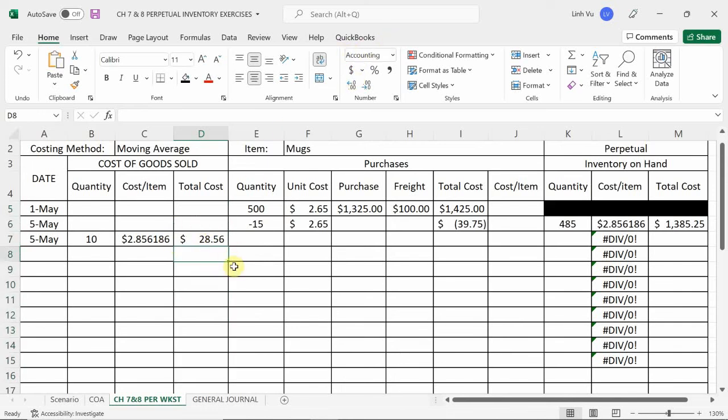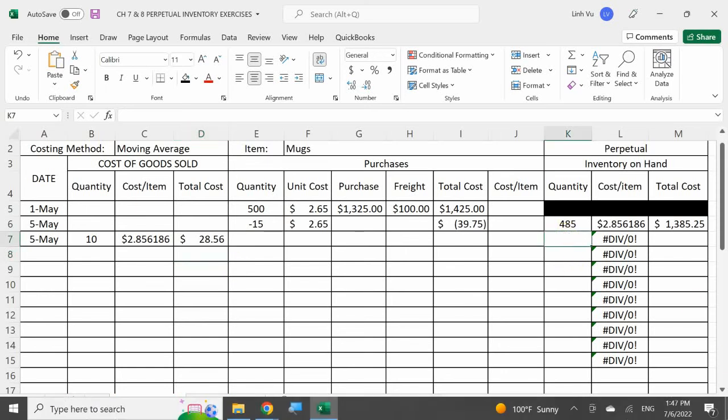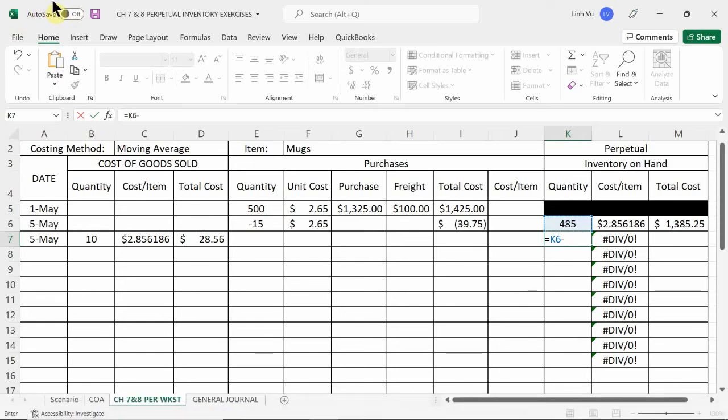Now I need to update my inventory because that is something I am subtracting out. So in this case, I no longer have 486. I only have 476 left, or 475, excuse me. Okay?